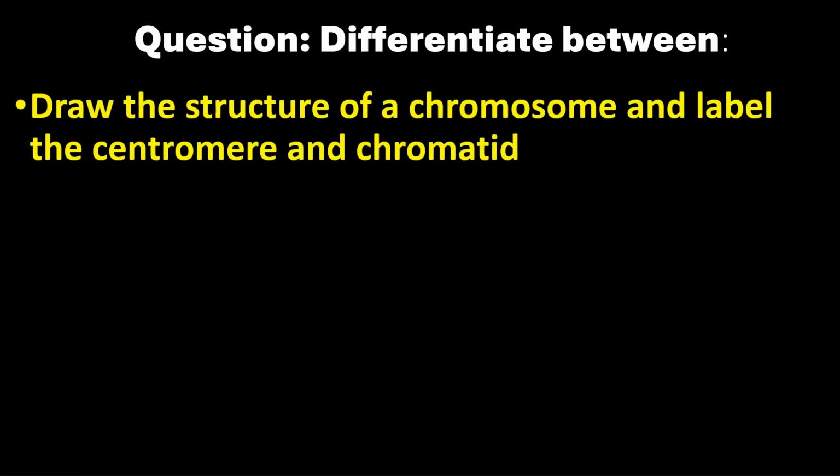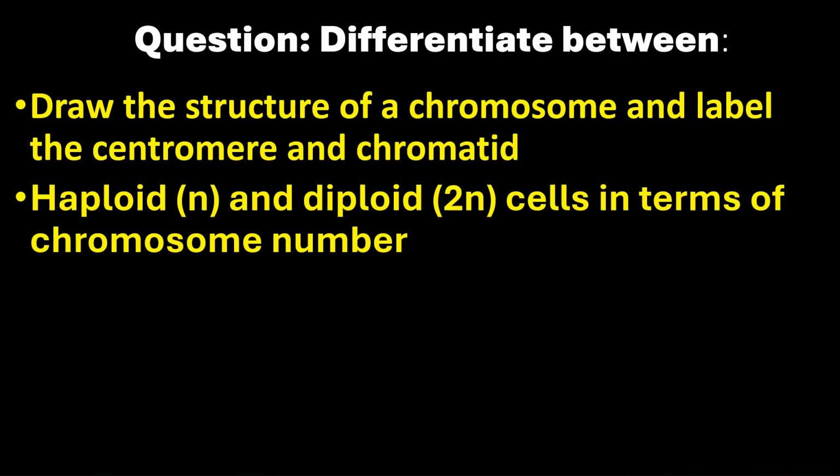Now, you may try the following to test your understanding and your memory strength by drawing the structure of a chromosome and labeling the centromere and the chromatid. Then differentiate between haploid and diploid cells in terms of chromosome number.